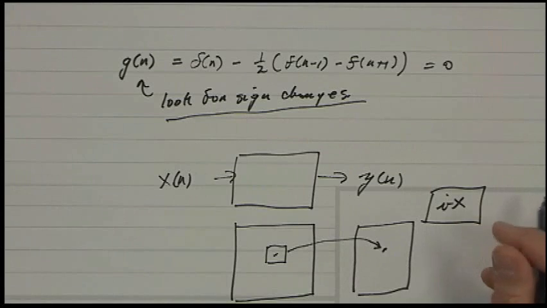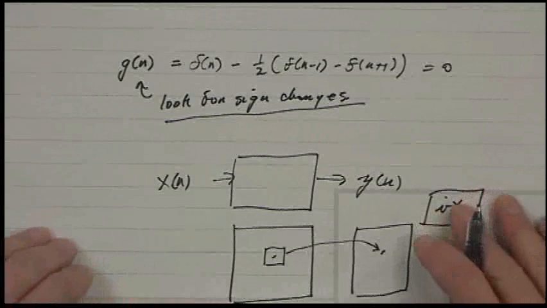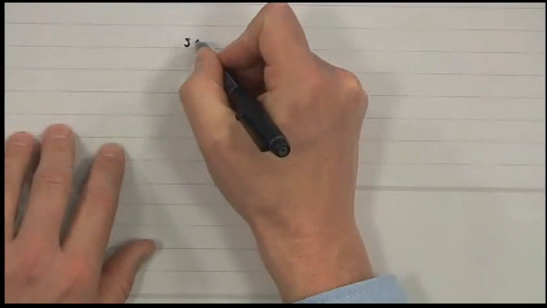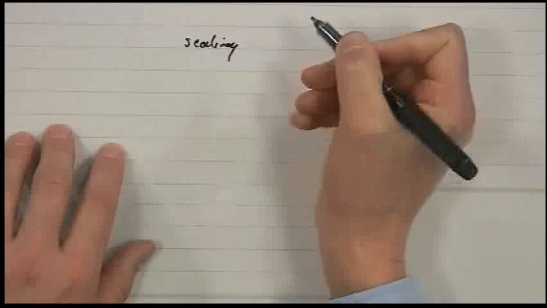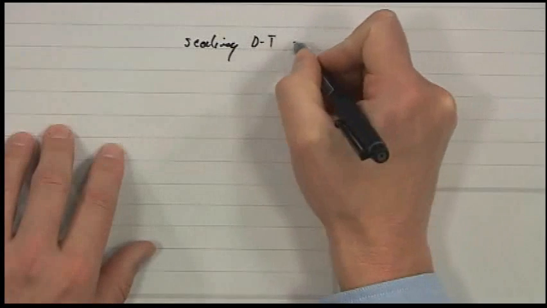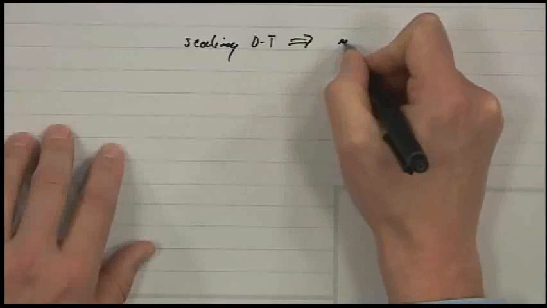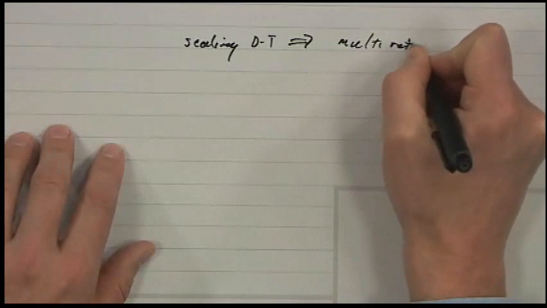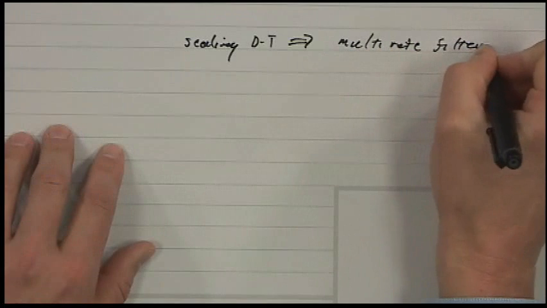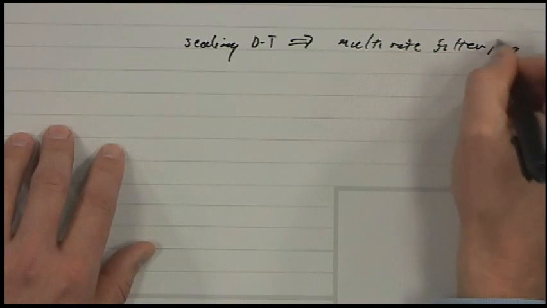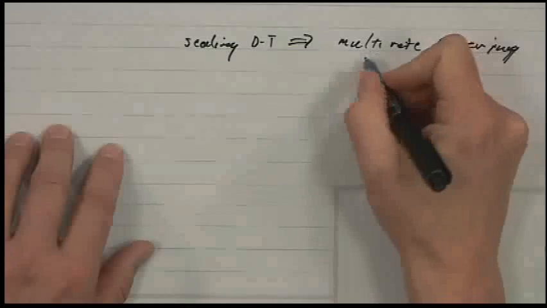And as is often the case, the little glitches that occur in these problems can spawn off entire research fields and keep armies of academics employed for years. It's a wonderful thing, okay? But I told you that the fact that scaling doesn't work in discrete time has created entire fields of multi-rate filtering. And also wavelets.